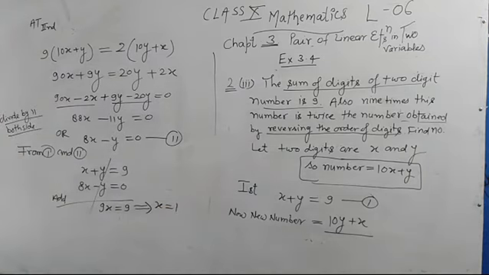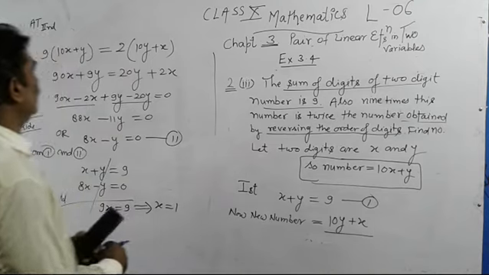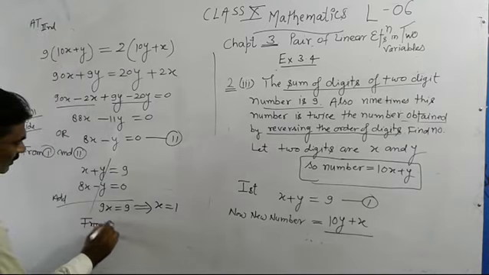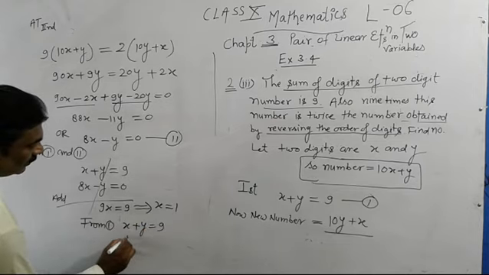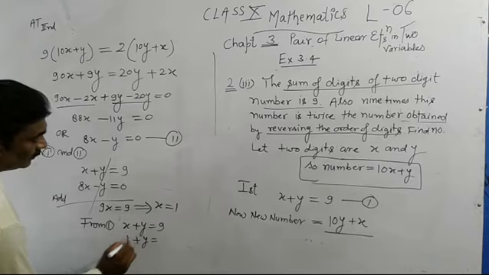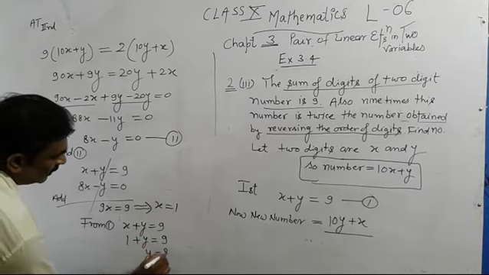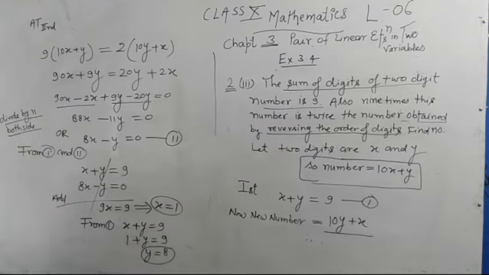We have found the value of x is 1. Now putting the value of x in the first equation, we have x plus y is equal to 9, or 1 plus y is equal to 9, it becomes y is equal to 8. So students, we have two values, x is 1 and y is equal to 8.